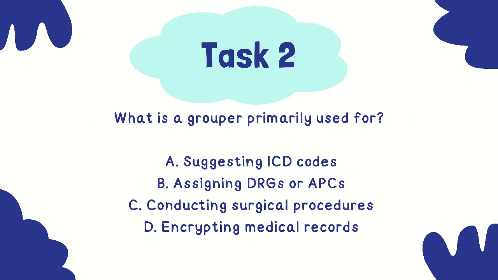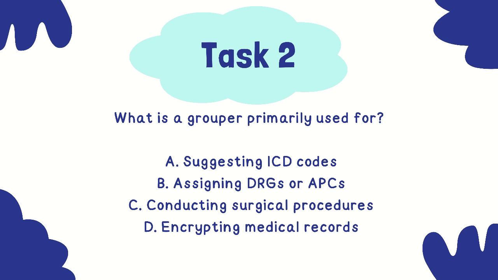All right, the next question. What is a grouper primarily used for? This should be pretty simple for you to call out. Remember, encoders assign the diagnosis and procedure codes.